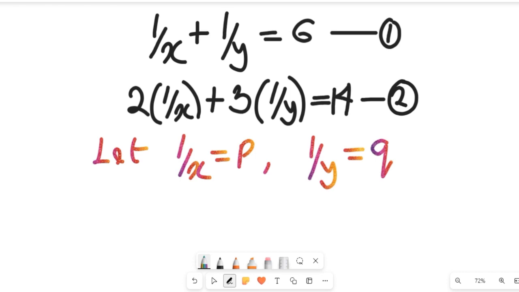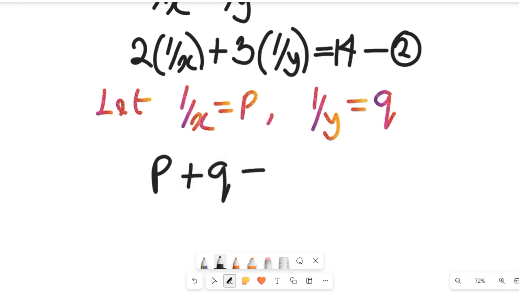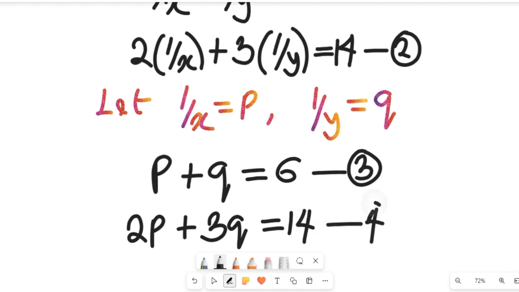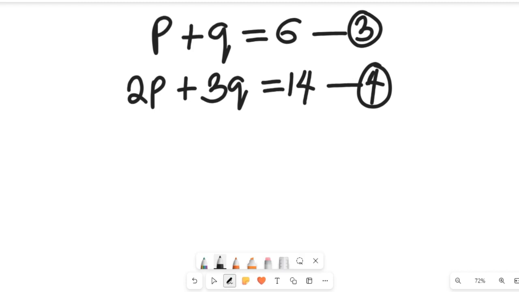So that means the first expression will now give us p plus q, and that will be equal to 6. We'll take this as equation 3, and the second expression will now give us 2p plus 3q, and this will be equal to 14, and this will be equation 4. Good. So you see, we have simplified that simultaneous equation.